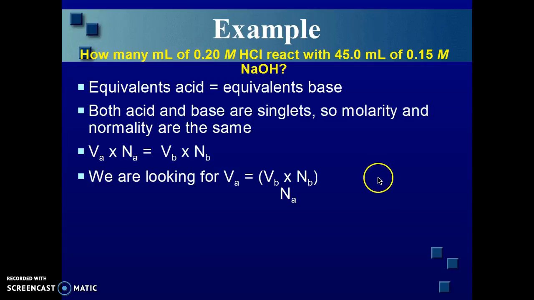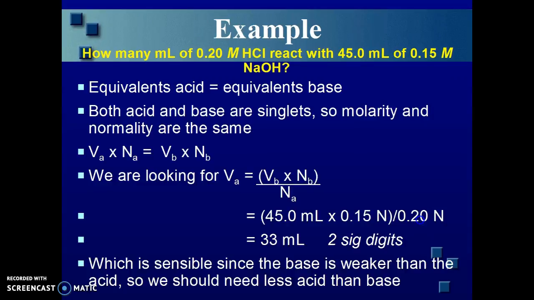We are looking for the volume of the acid, so we're going to multiply the volume and normality of the base and divide by the normality of the acid. When we do that, we put 45 milliliters as the volume of the base, 0.15 normal as the molarity and normality of the base, and then we have 0.2 normal or molar for the acid as our divisor.